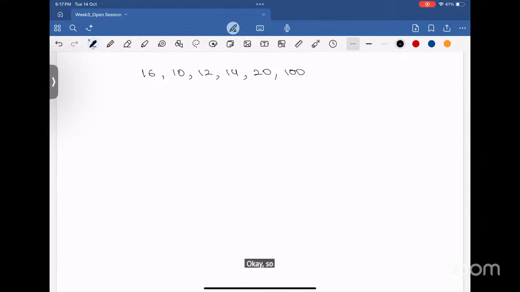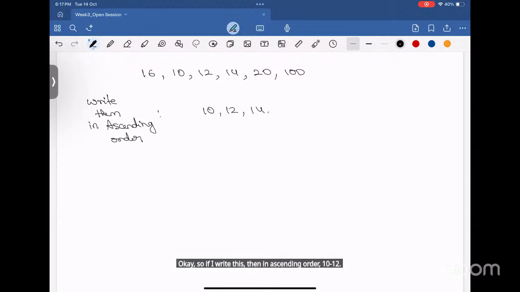First of all, if you have to compute Q1, Q2, Q3, or the median, the first and foremost thing we have to do is write them in ascending order: 10, 12, 14, 16, 20, 100.